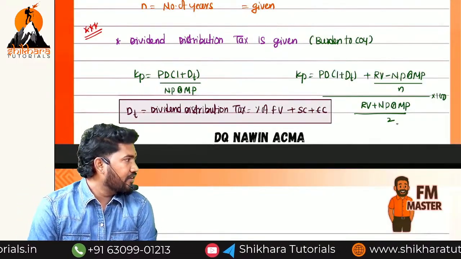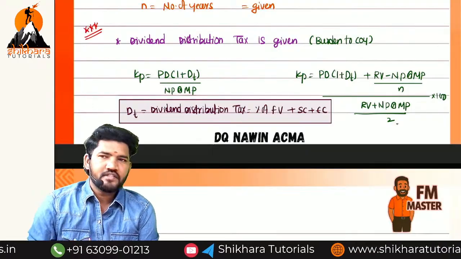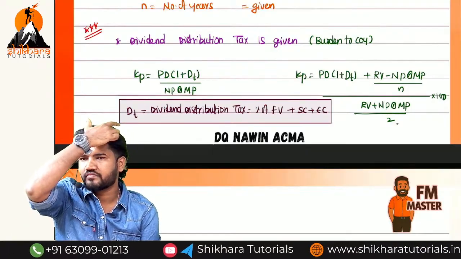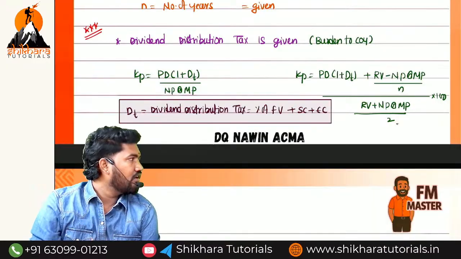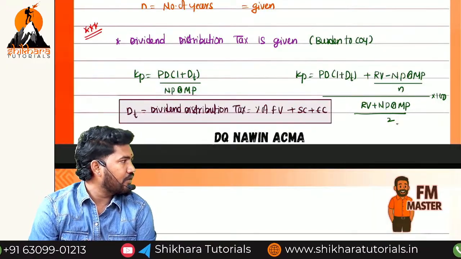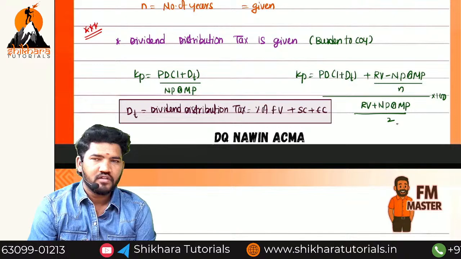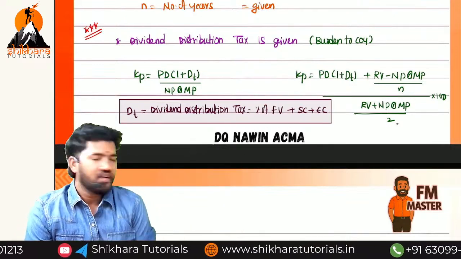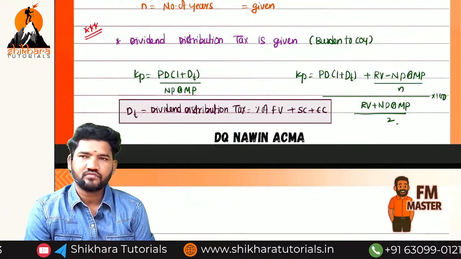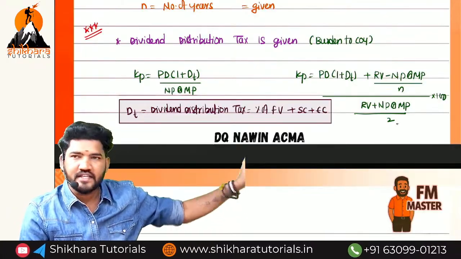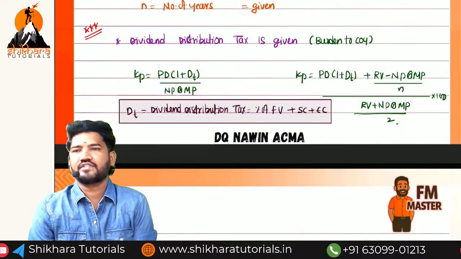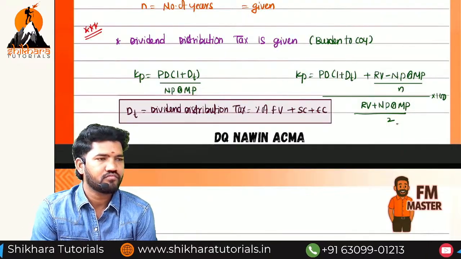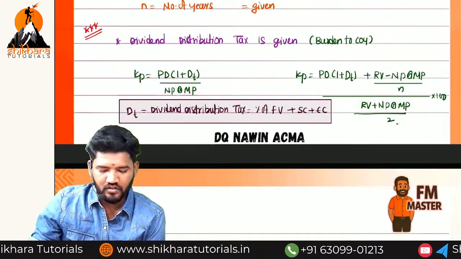So what is the calculation for dividend distribution tax? Percentage on face value. Next, surcharge, where do we apply? Surcharge you have to apply on the percentage on face value. Education cess, on face value plus surcharge. Clear? Are you okay now? Then fine.